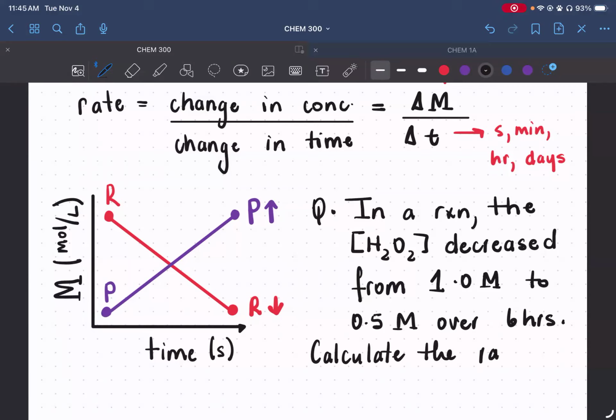Calculate the rate of decomposition. Okay.